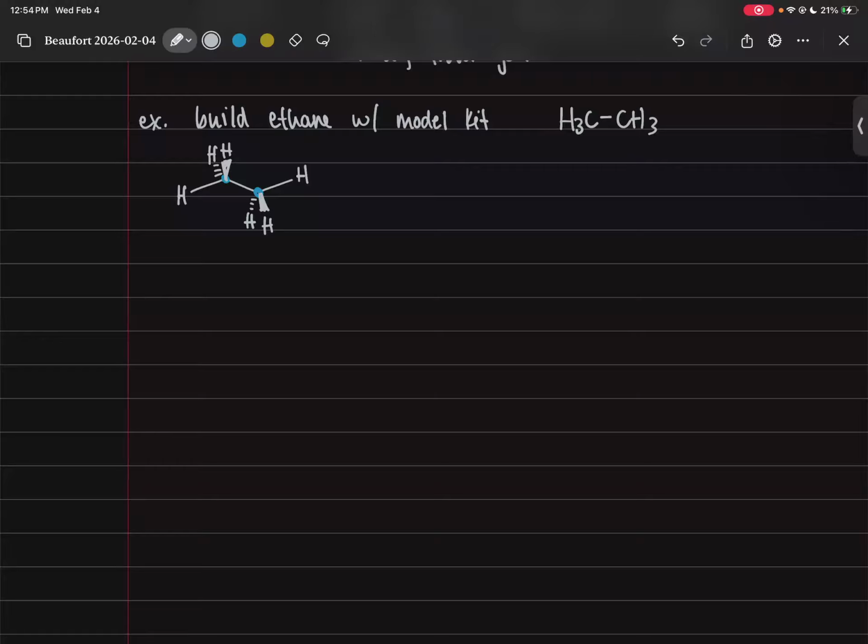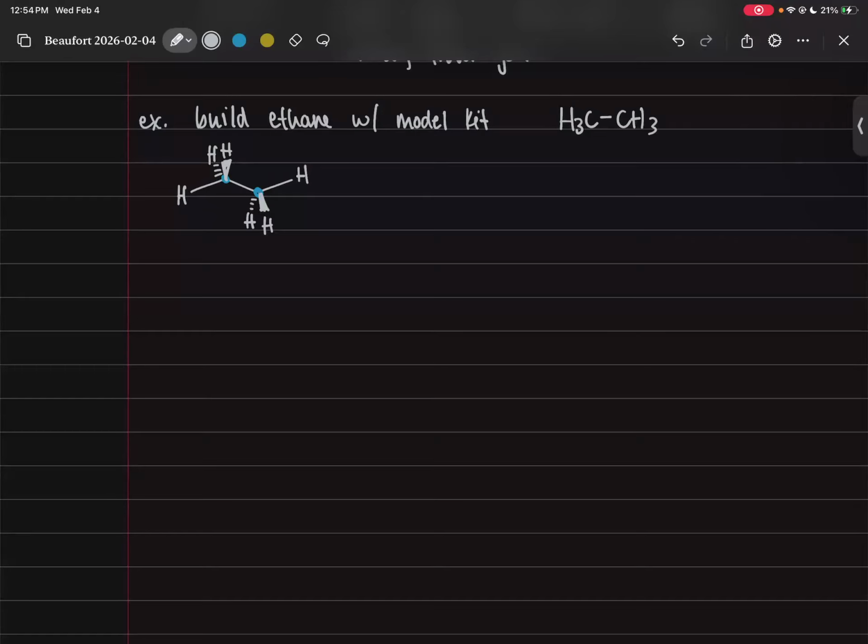Now, it doesn't matter if you put the wedge on the right and the hash on the left. You can flip those around, because it depends on exactly what angle you're looking at the two front and back hydrogens on a specific carbon. So that is our wedge and dash skeletal structure of ethane based on that molecular model.